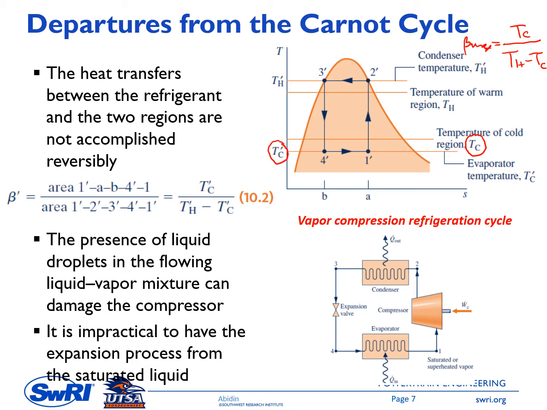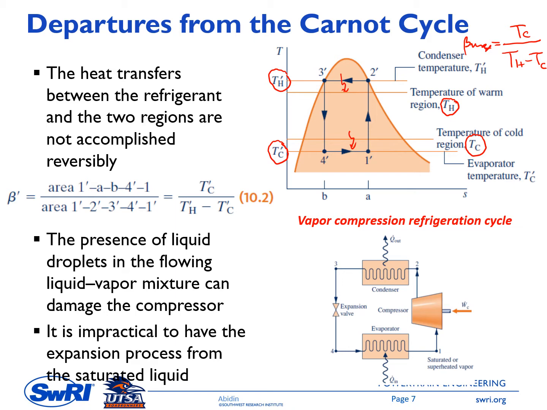Similarly, to have heat transfer from the working fluid to the warm region, the working fluid temperature must be higher than the warm region temperature. If the warm region temperature is TH, the working fluid temperature must be higher than TH, represented in the TS diagram by TH prime. This enables heat transfer from the cooled region to the working fluid, and from the working fluid to the warm region.